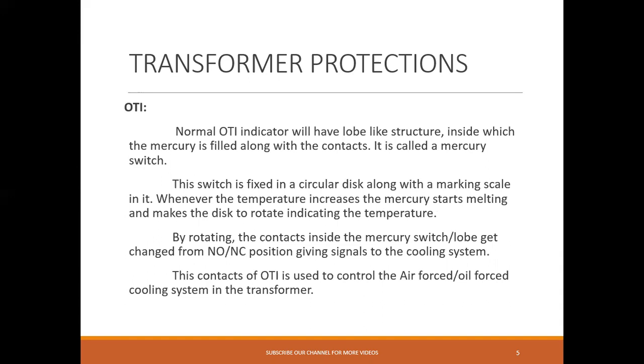By rotating, the contacts inside the mercury switch lobe get changed from NO to NC position, giving signals to the cooling system. This contact of the OTI is used to control the air force or oil force cooling system in the transformer.